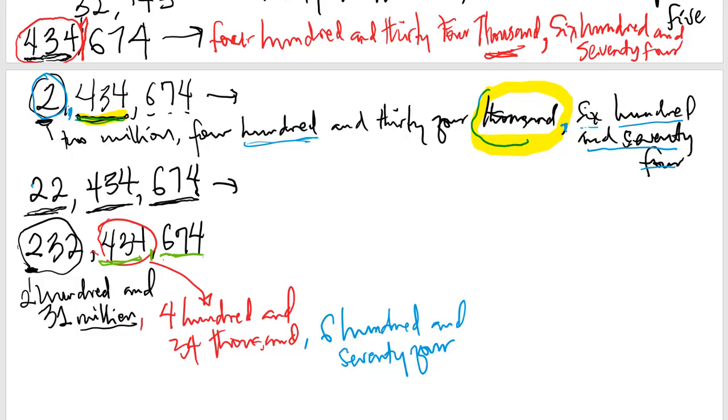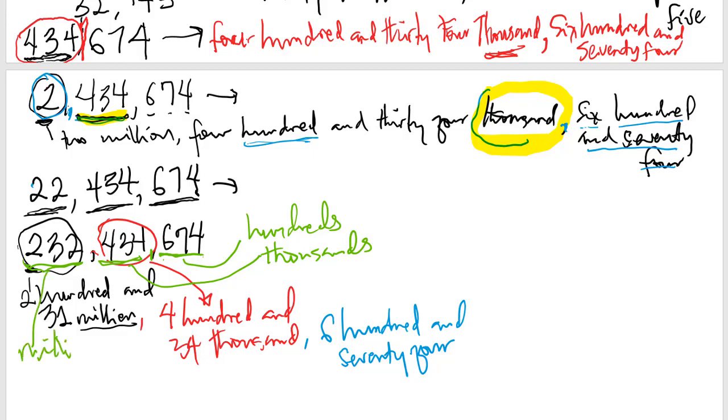So this one gives you hundreds. This is thousands. The next set of three after thousands gives you millions. Okay, then for the next set, let's say you have something like so.